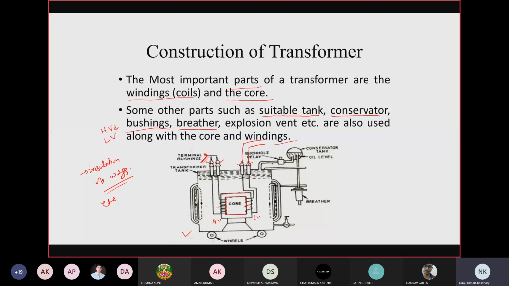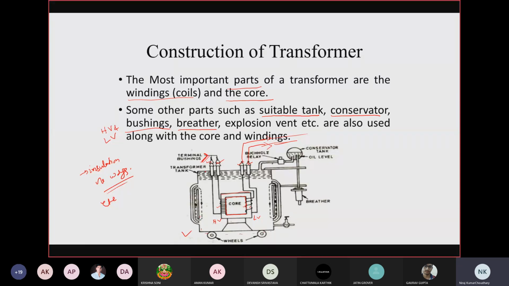Now from here the supply will move further, maybe to the loads or further to the distribution lines, depending on the voltage rating of the transformer. And this outer body of the transformer is basically your transformer tank.